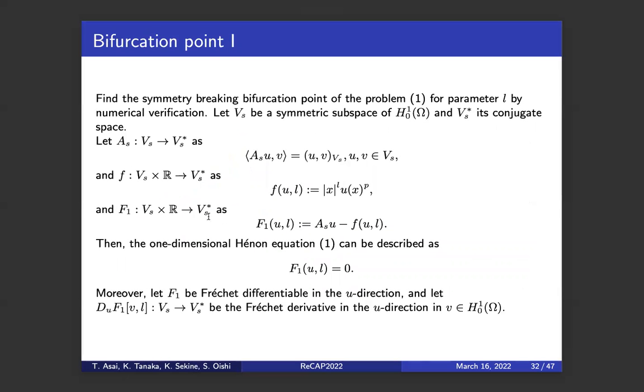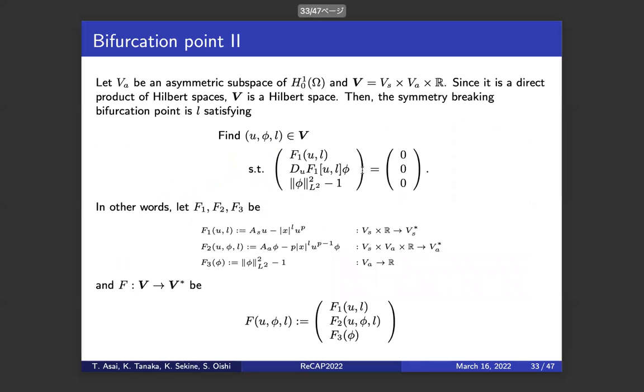We consider solving the bifurcation point. To find the symmetry breaking bifurcation point of this problem for parameter L, first we set VS to be a symmetric subspace of H10, and we consider solving this simultaneous equation to obtain the bifurcation point like this.